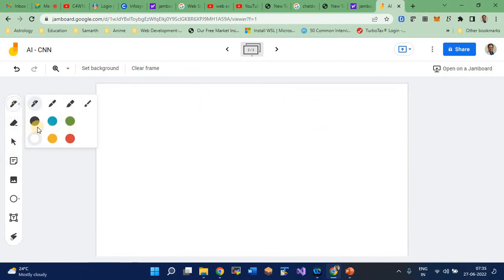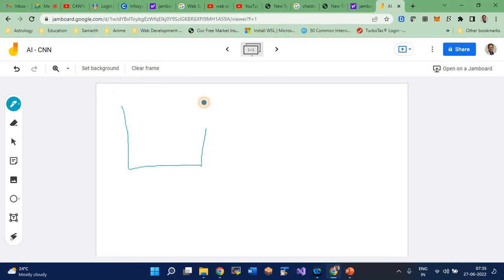So now let's look at what pen I have. Let's look at the blue pen. Now for edge detection, let's take again the same thing.